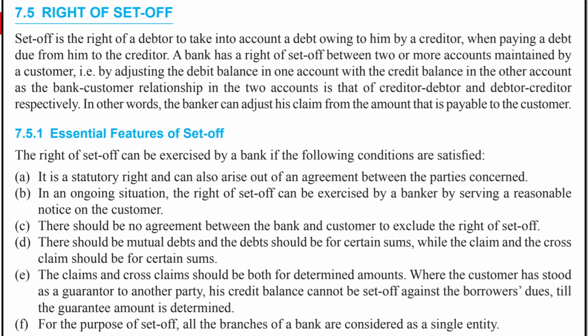And this is only possible when the banker and customer have two types of relationship, that is creditor-debtor and debtor-creditor, any one of them. Okay, so in simple language we can say the banker can adjust his claim from the amount that is payable to the customer.